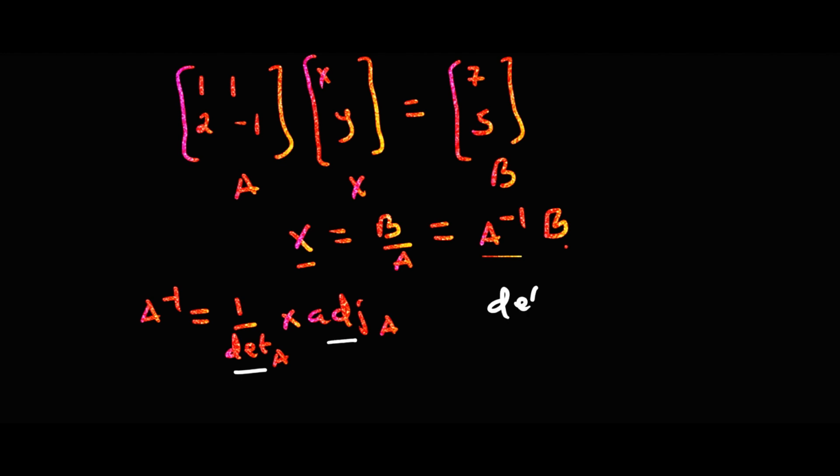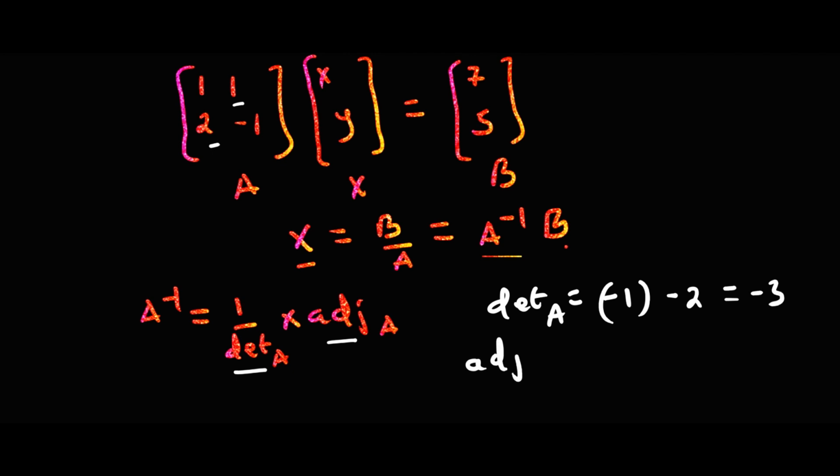The determinant of matrix A is given by the product of the main diagonal, that is 1 times negative 1, that is negative 1, minus the product of the other diagonal, that is 1 times 2, that is 2. So you'll find that that is equal to minus 1 minus 2, which is minus 3. The determinant is minus 3.